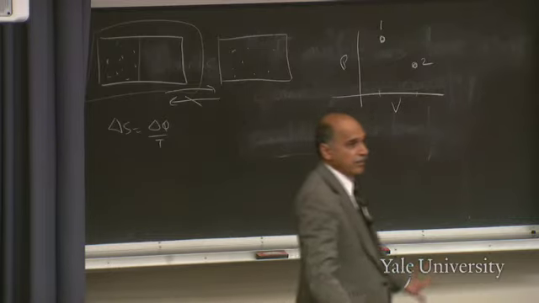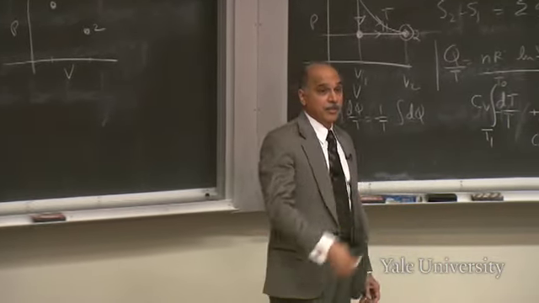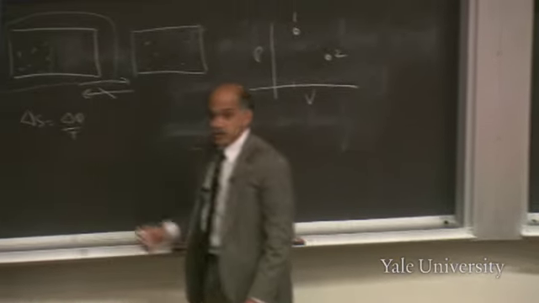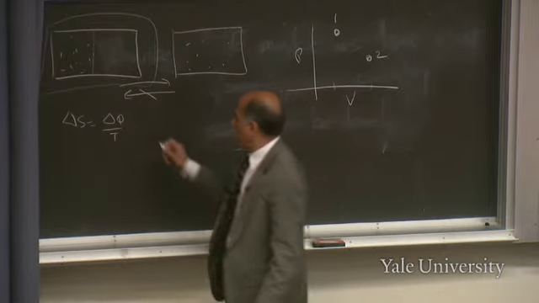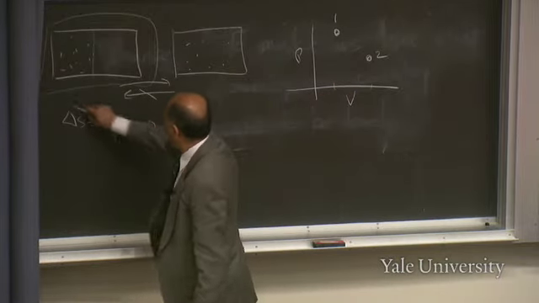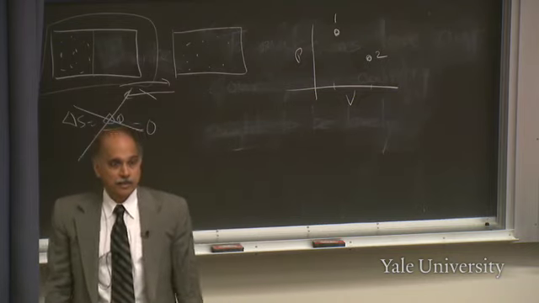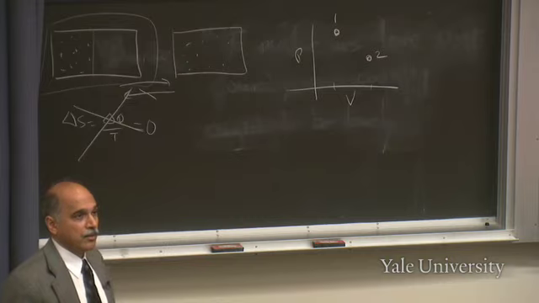It's not in contact with anything. I just ripped out the partition in the middle. That's it. So you might say, well, if it's thermally isolated, delta Q is 0, so you can divide by T, and this entropy change is 0. But that is a wrong argument. Can you think about why that's the wrong analysis?